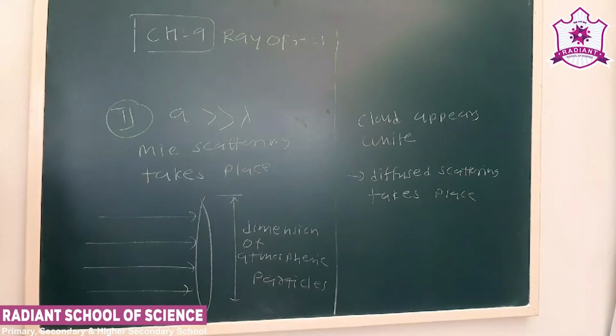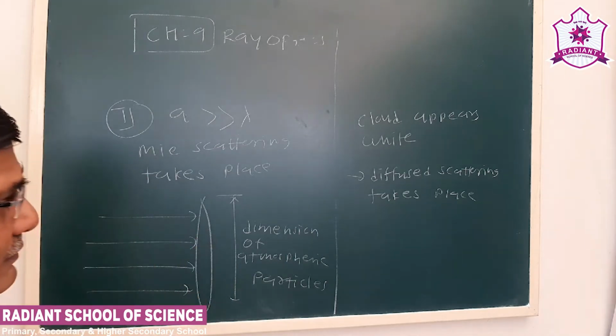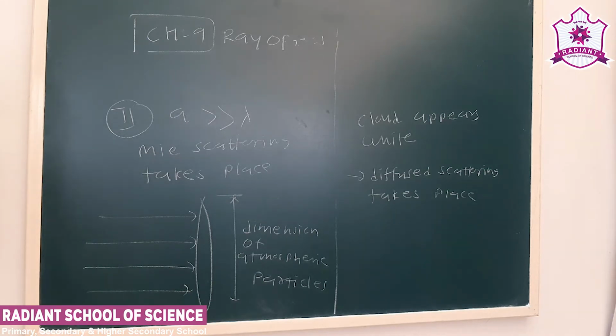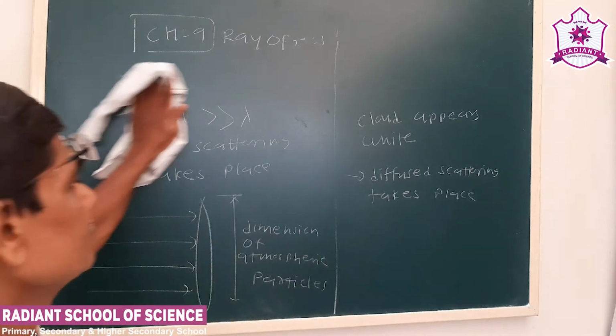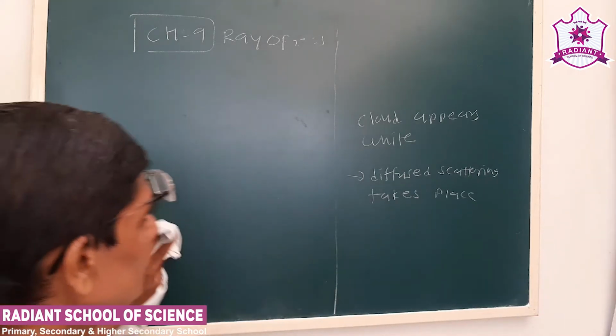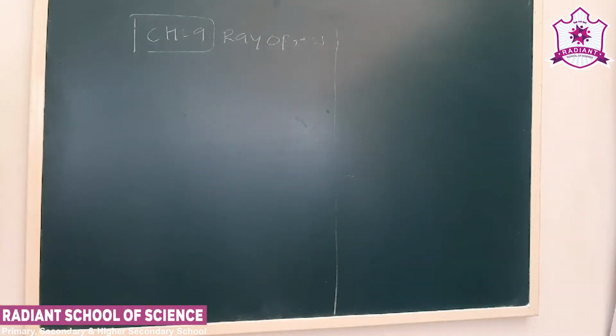Why? Because the size of the particle becomes very large, so all the light falling on it is reflected back. So that's why we say the cloud appears white. This is a phenomenon as a result of Mie scattering. Two types of scattering we have talked of: one is Rayleigh scattering and second is Mie scattering. So this is about the scattering of light.